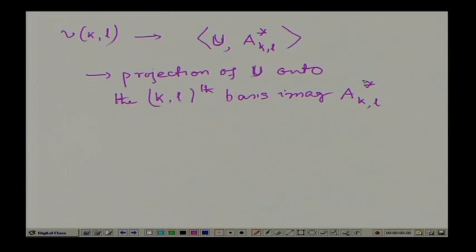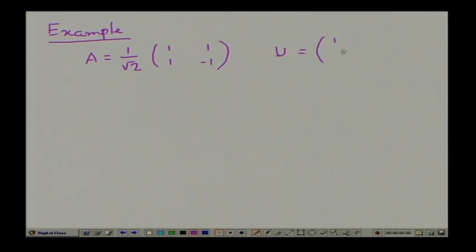Now, let us take an example. Let us consider an example of this transformation. We have been given a transformation matrix A equal to 1 upon root 2, 1, 1, 1, minus 1, and the input image matrix U equal to 1, 2, 3, 4.